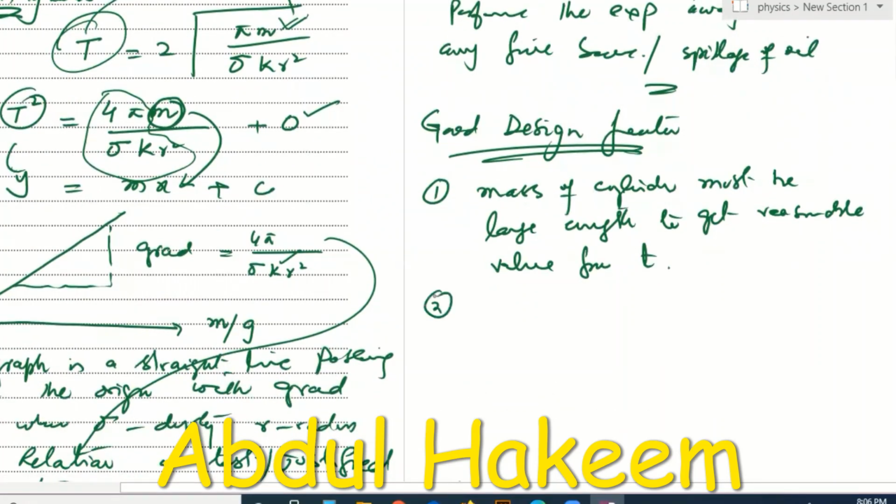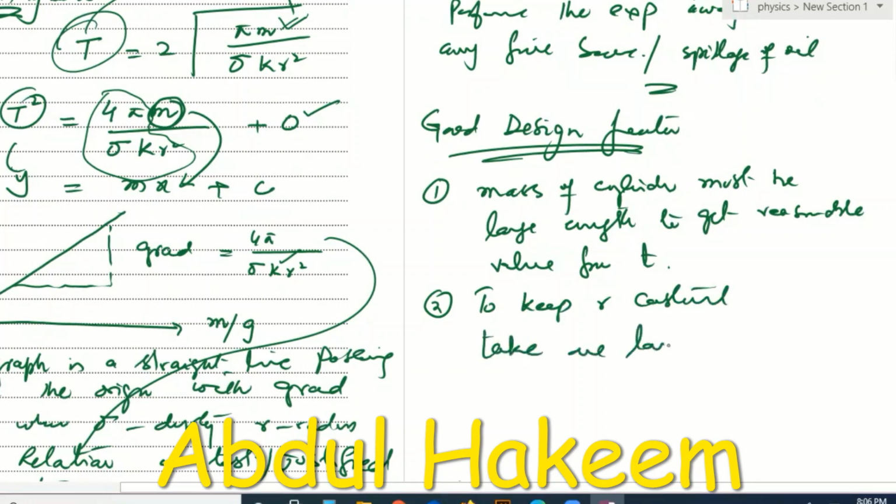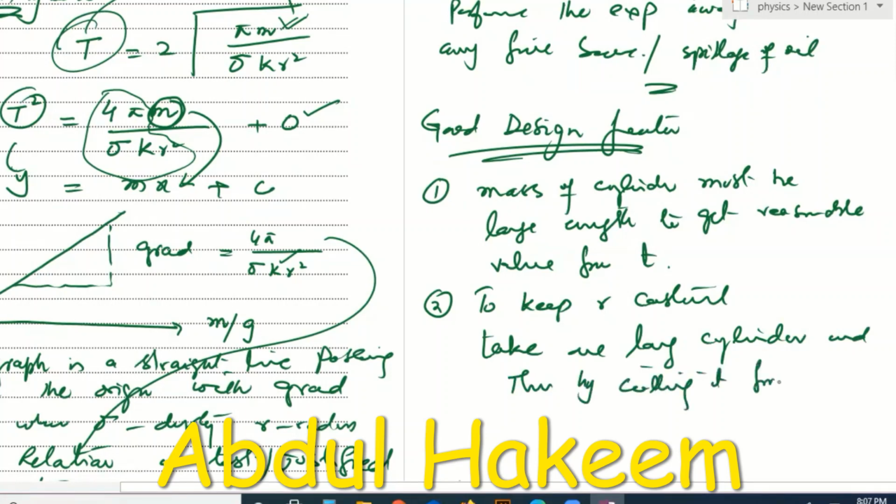And number 2, the radius of the cylinder cannot be kept constant by taking different cylinders. So to keep R constant, take one long cylinder and then by cutting it from the top, the mass can be changed.